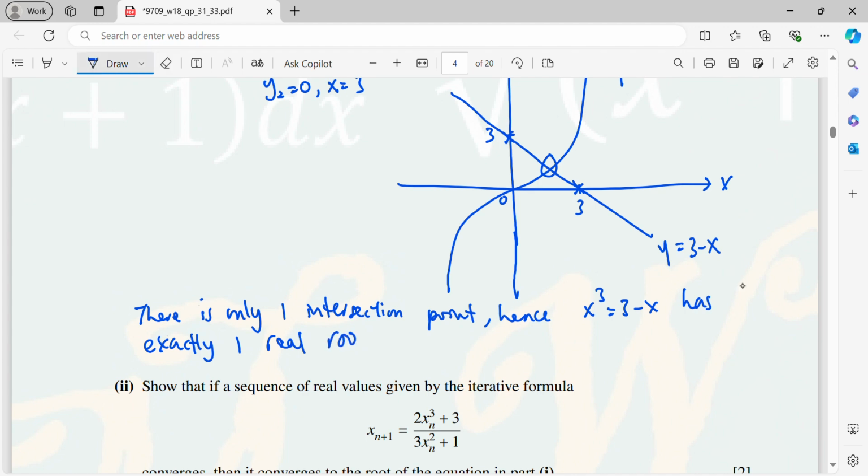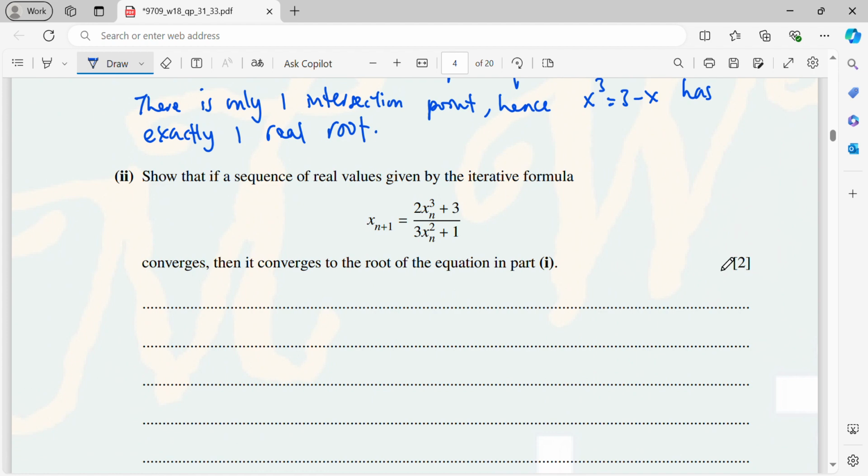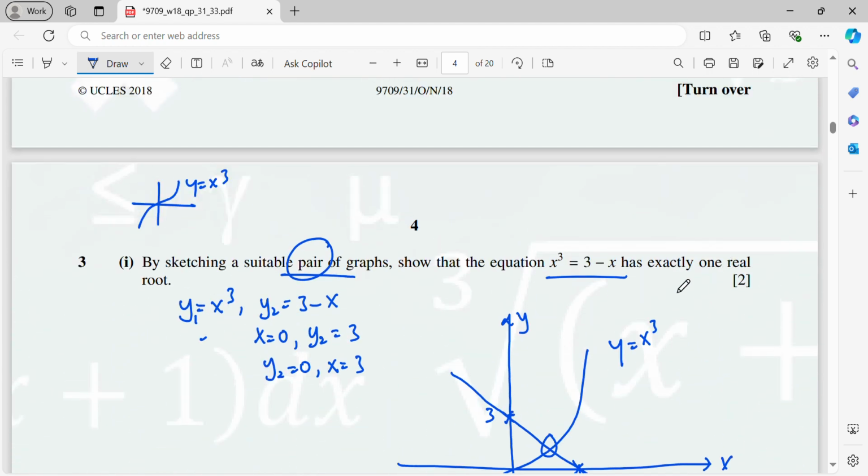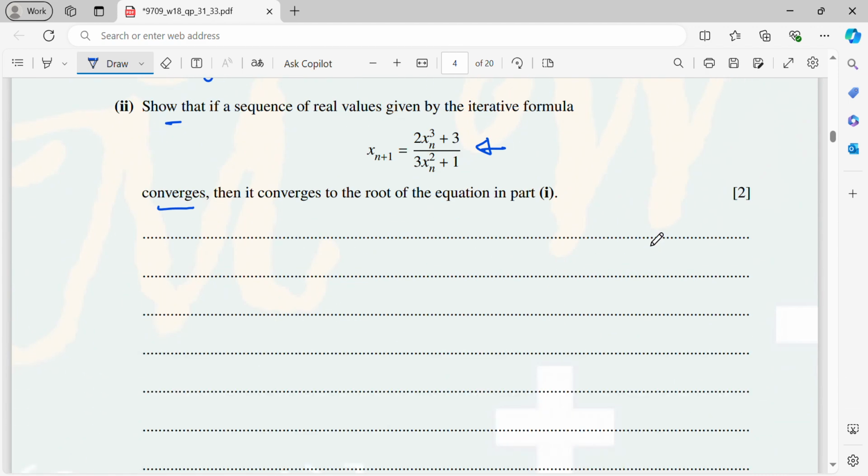Now part 2, show that if the sequence of real values given by this formula converges, then it converges to the root of the equation in part 1, which means you need to get the part 1 equation from the formula. First of all, ignore all the subscripts. Then move the denominator to the other side. So x times 3x squared plus 1 equals 2x cubed plus 3.